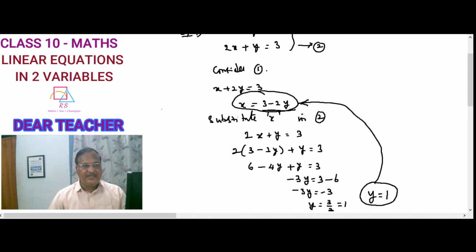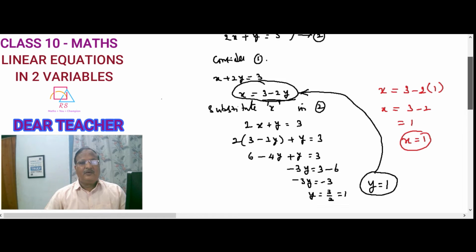Now we have got y, so we will substitute the y value here. x is equal to 3 minus 2 into 1, in the place of y I write 1. So y got eliminated here. Earlier x was eliminated, now y is eliminated. So 3 minus 2 times 1 is 3 minus 2, which is 1. That means x is equal to 1. We got the x value.